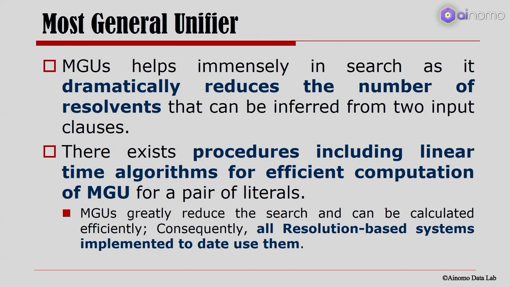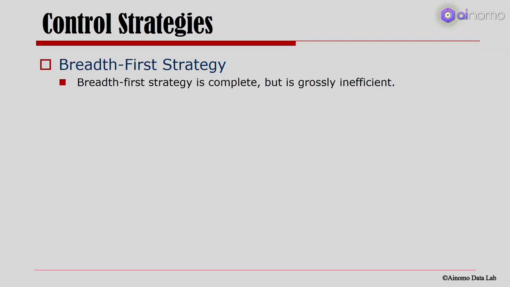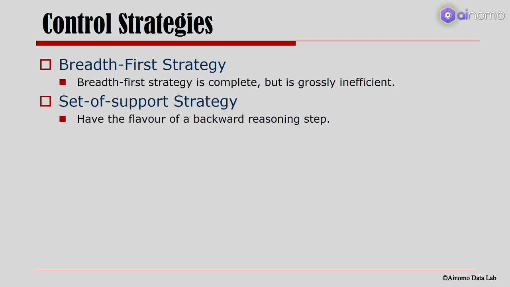Let us now focus on the control strategies that could be used for better search during resolution. The first of them that we will look at is the breadth first strategy. Now, the breadth first strategy is complete but is grossly inefficient. We would then look at a strategy called the set of support strategy.